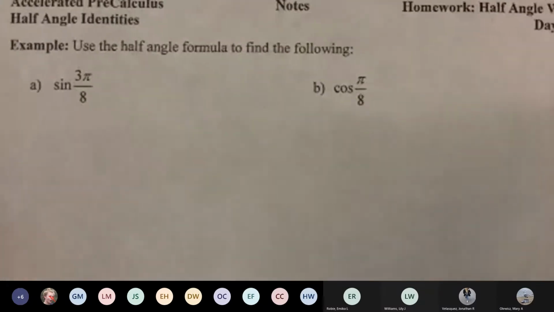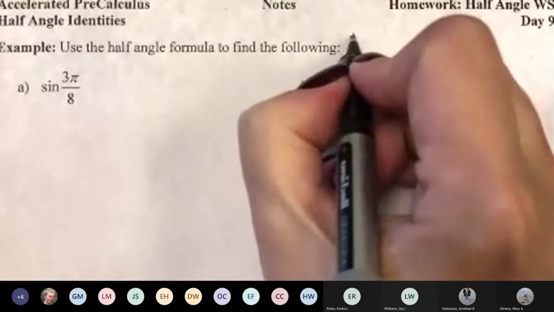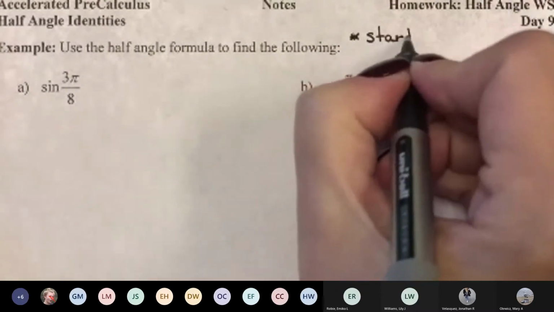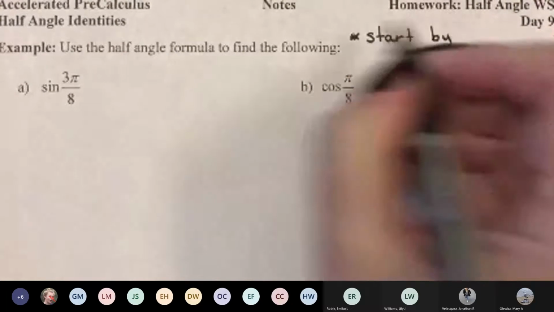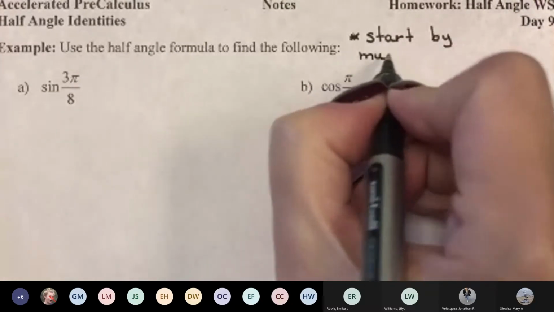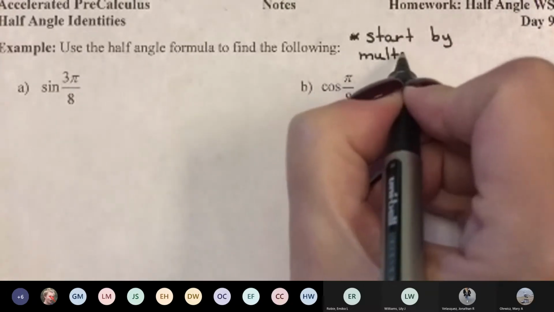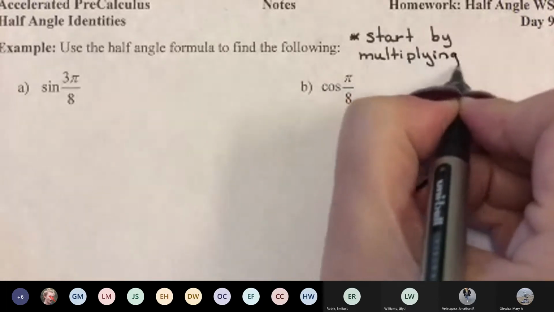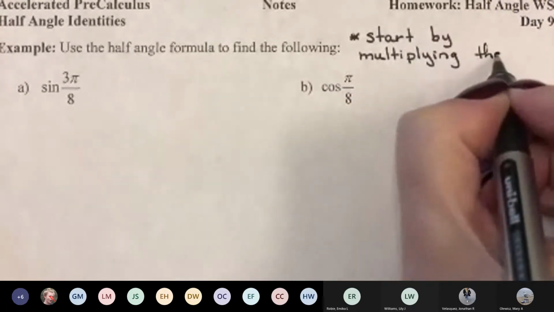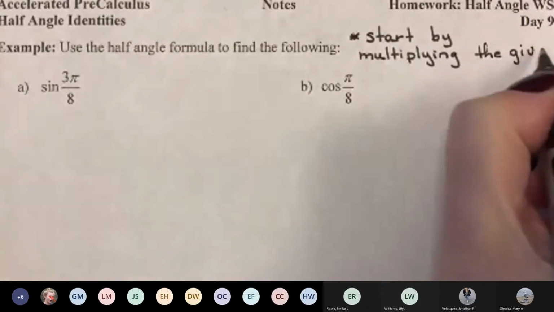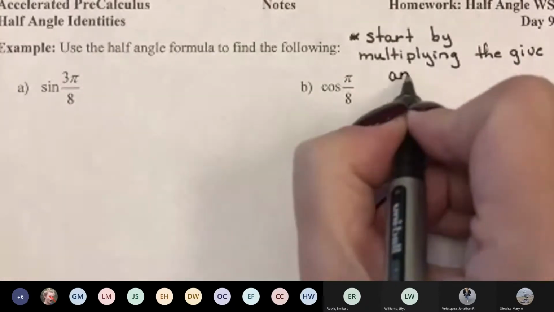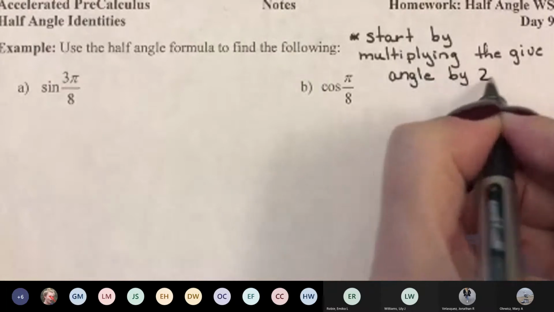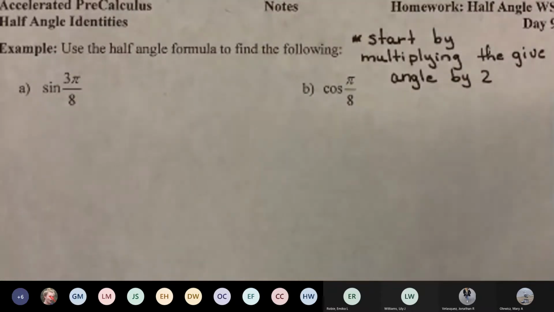So we're going to write ourselves a note over here next to the directions that say start by multiplying the given angle by 2. Now, I'm going to explain what that means in just 1 second.